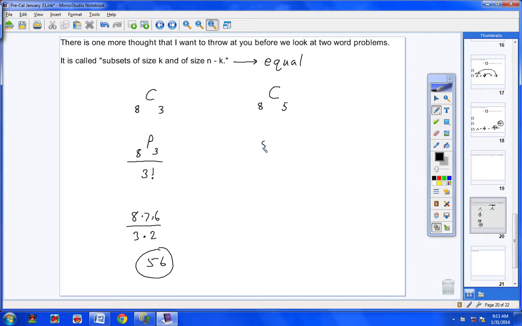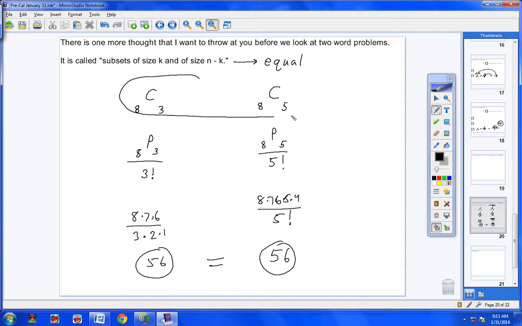Now over here, we would have 8P5 over 5 factorial, which of course would be 8, 7, 6, 5, 4 over 5 factorial. If you type this into your calculator, 8 times 7 times 6 times 5 times 4 divided by 5 factorial, you will get 56. That's not a coincidence. These two types of problems will always be equal, and we're going to use that later.